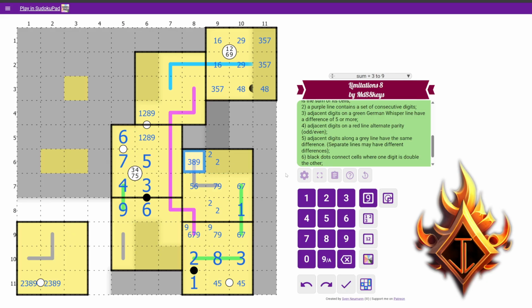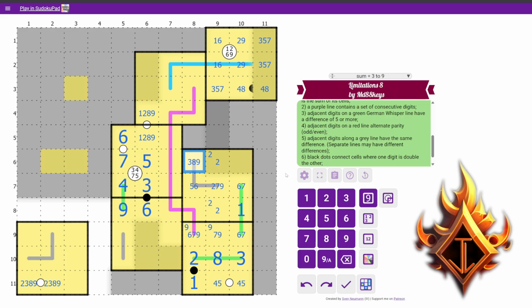If it was 6, 4 cannot be. If it was 5, 2, 8, 4, 0.